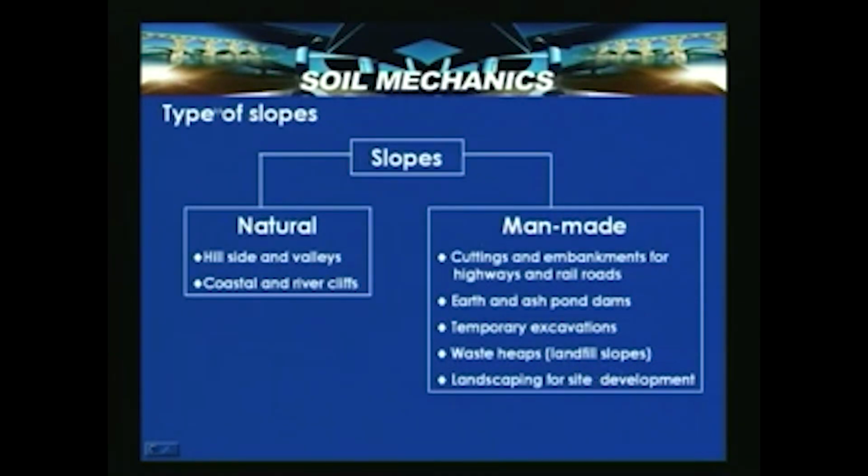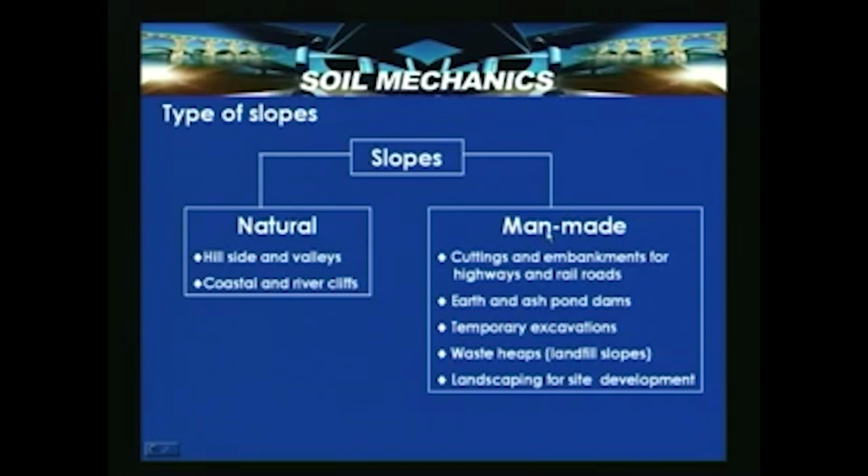So, types of slopes, when you look into it, now let us categorize them. They can be natural and man-made slopes like hillside and valleys, which form the natural slopes, and coastal and river cliffs are examples of the natural slopes.